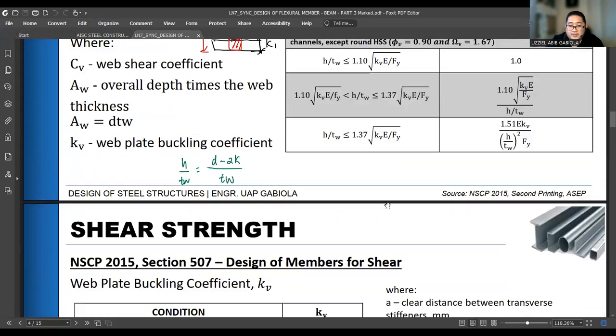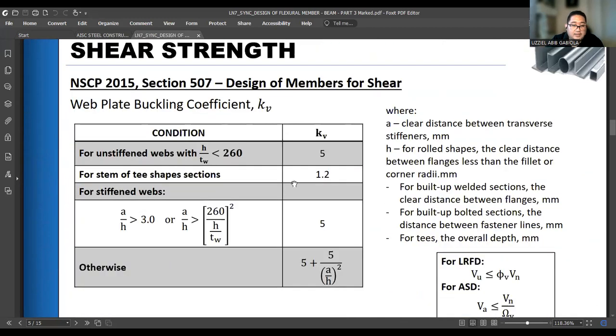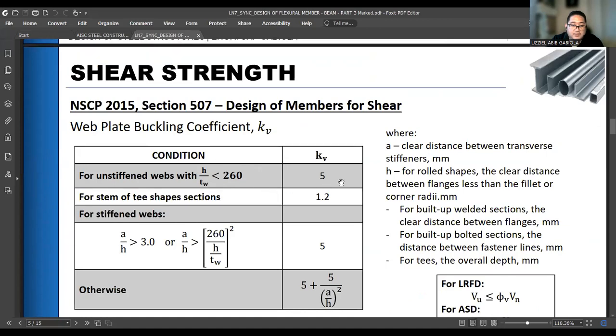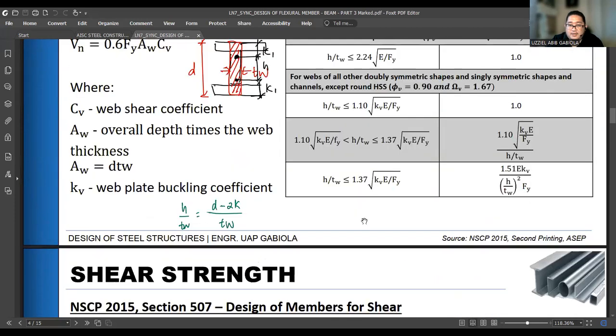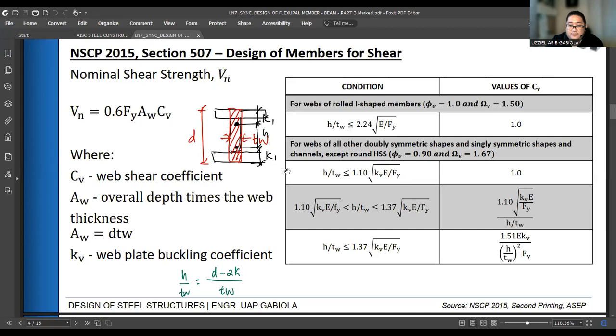We have to get yung value nito. Yung h over tw natin is less than 260. So, we can assume na yung value ng kv natin is 5. Okay? So, kv natin is 5.